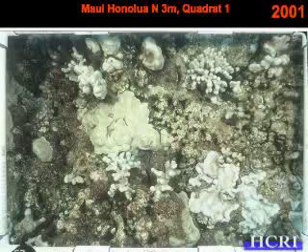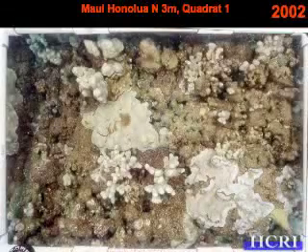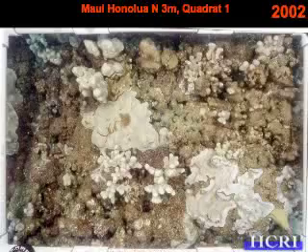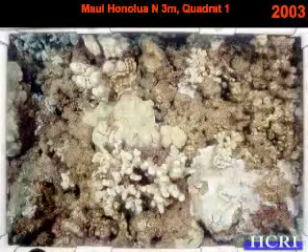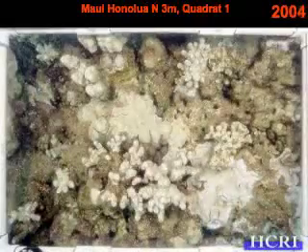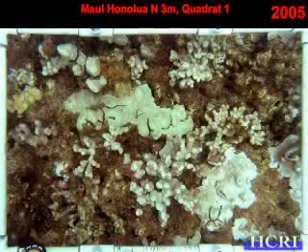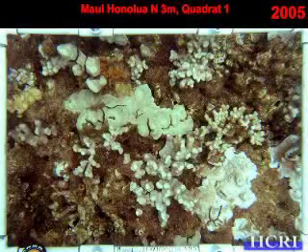The lobata's gotten a little larger, and here's the Montipora. Okay, 2002, looking a little different. 2003, the compressor here has gotten considerably larger. The lobata looks a little different. 2004, and finally in 2005.